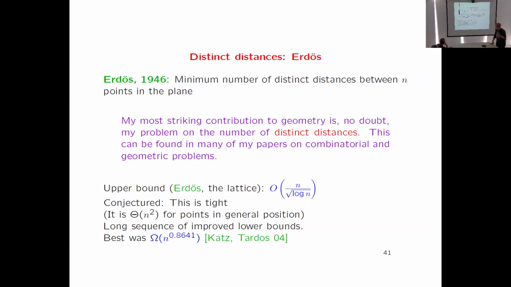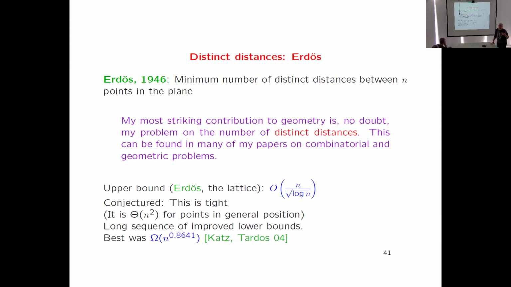Now, Erdős himself in this paper noticed that if you use the lattice and some number theoretic considerations, the number of distinct distances is n over root log n. And he conjectured that this is the right bound. So no matter how the points are arranged, you will always have at least n over root log n distinct distances.